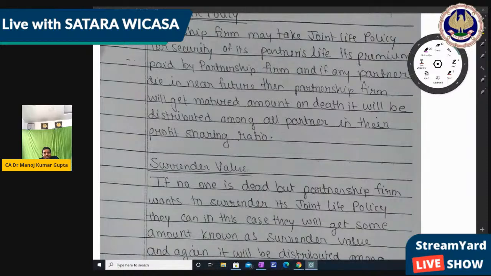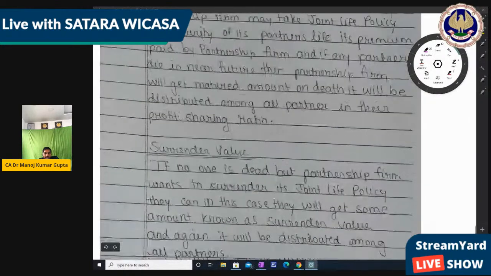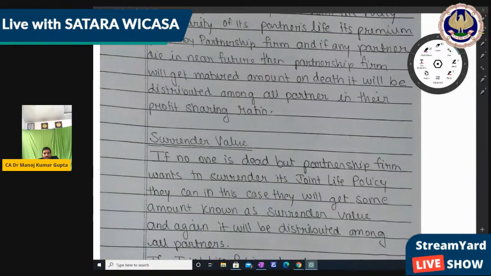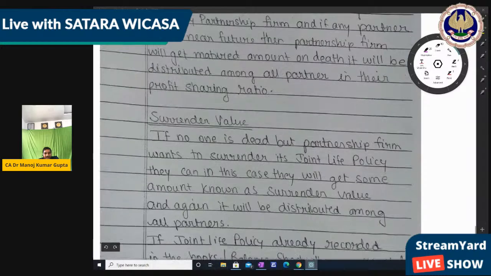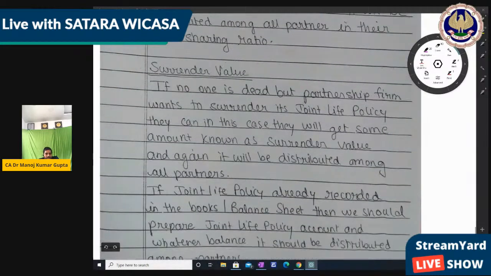If no one is dead, but the partnership firm wants to surrender the joint life policy, then in this case they will get some amount known as the surrender value, and again it will be distributed among all partners, because whatever money we receive, whether surrender amount, full amount or maturity amount, should be distributed among all partners.